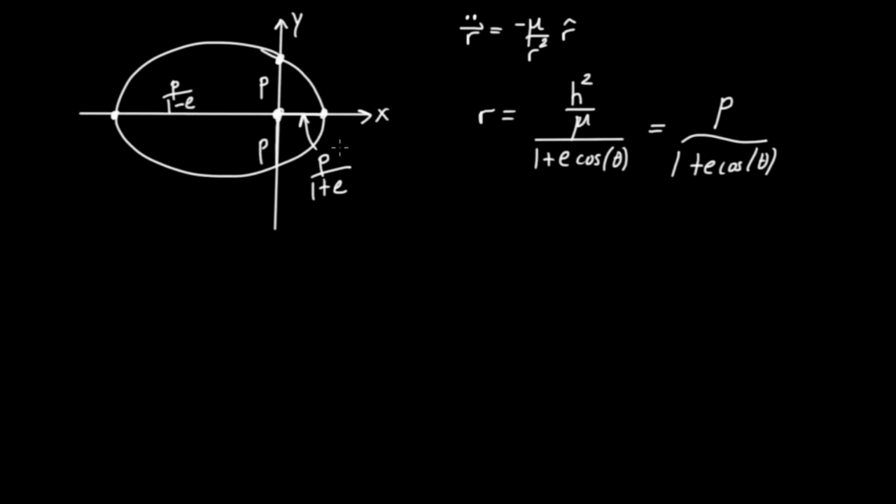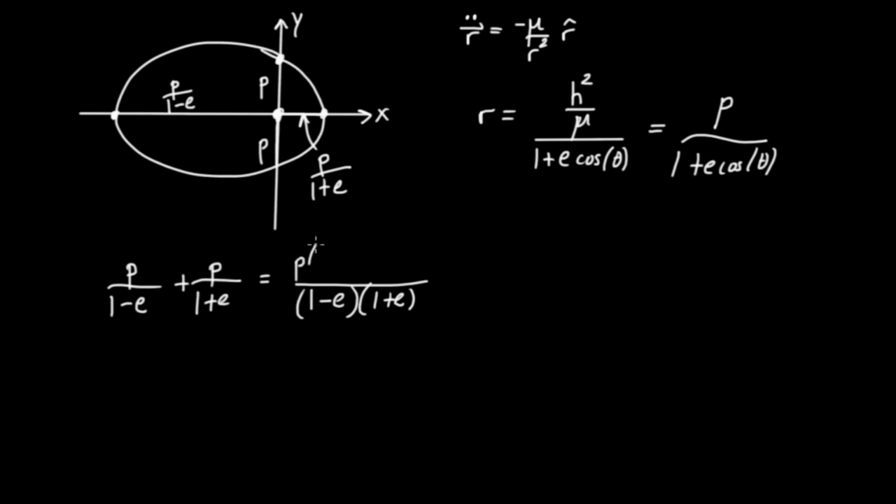Now, if we have the distance from here to here, and also the distance from here to here, we can find the total distance from here to here. And for ellipses, that's called the major axis. So let's find that major axis. Let's just add p over 1 minus e to p over 1 plus e. You see the common denominator is 1 minus e times 1 plus e.